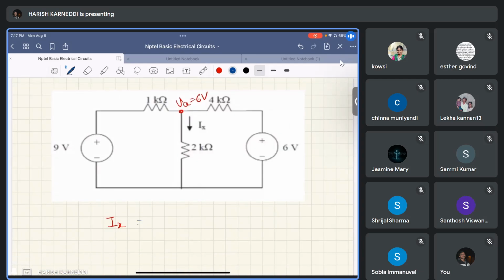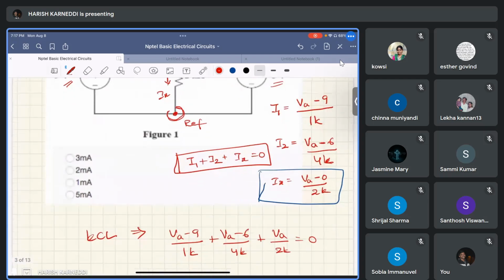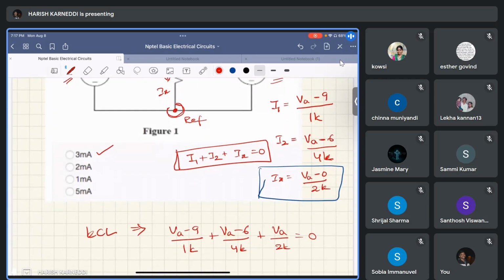So VA equal to 6 volts by 2K. It is 2 threes are 6, so 3 milliamps, right? Why? Because it is 2 kilo ohm, right? So it is 3 milliamps. So the answer is the first one, 3 milliamps.